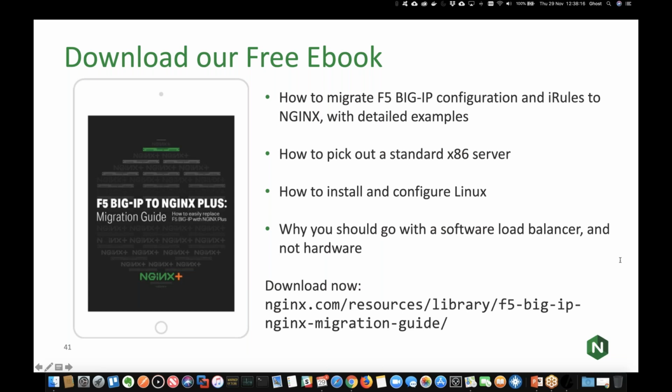So the iRules are quite inherent in the configuration of NGINX Plus, with additional capabilities available through JavaScripting in NGINX with something we call NGINScript, which is based off JavaScript.